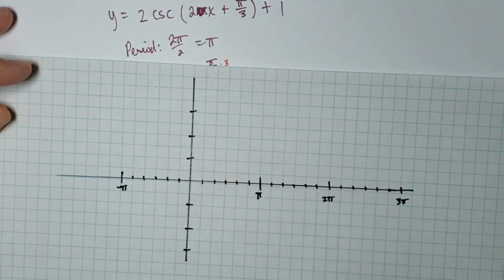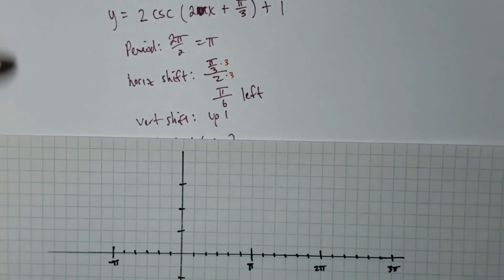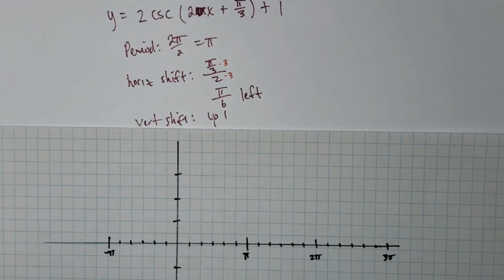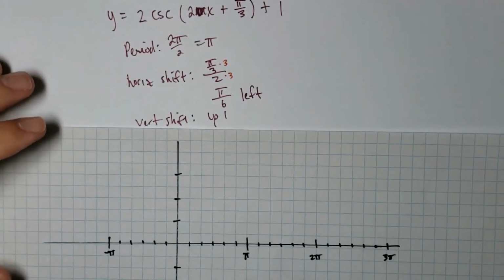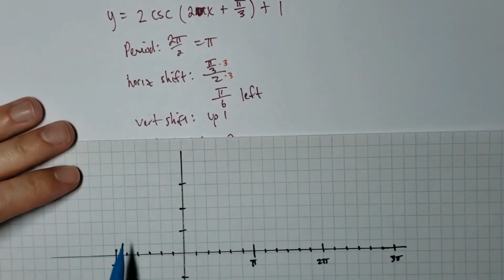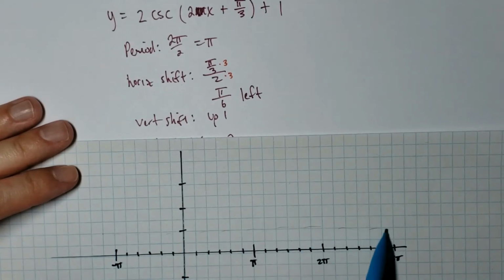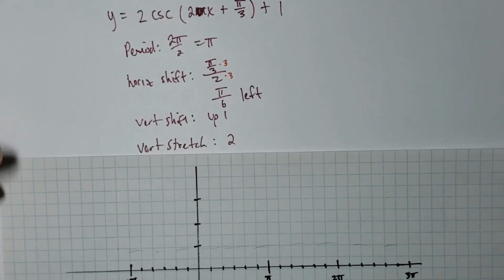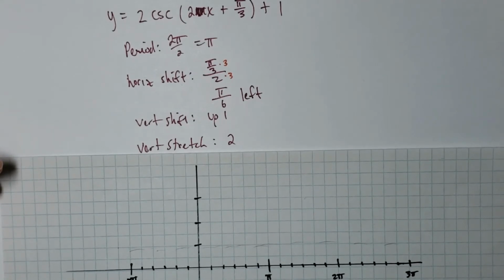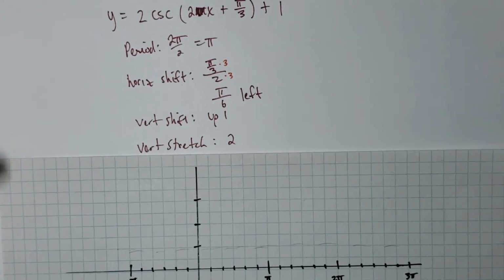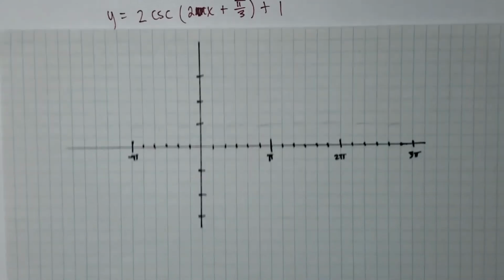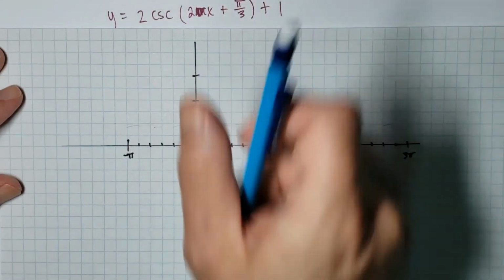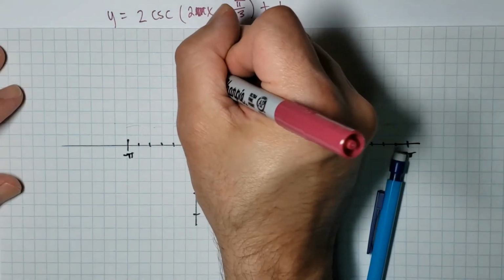Okay, so we're going to start by sketching in sine. So it has a midline of 1, so that'd be like right here. I don't know if you can actually see that, but I'm doing it very lightly. And then the phase shift would be left pi over 6, so that's just one block, would be right there, which means my first asymptote would be there.